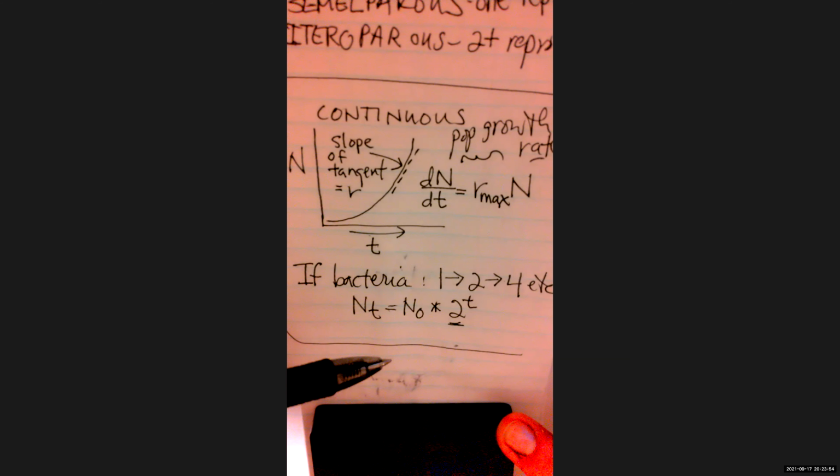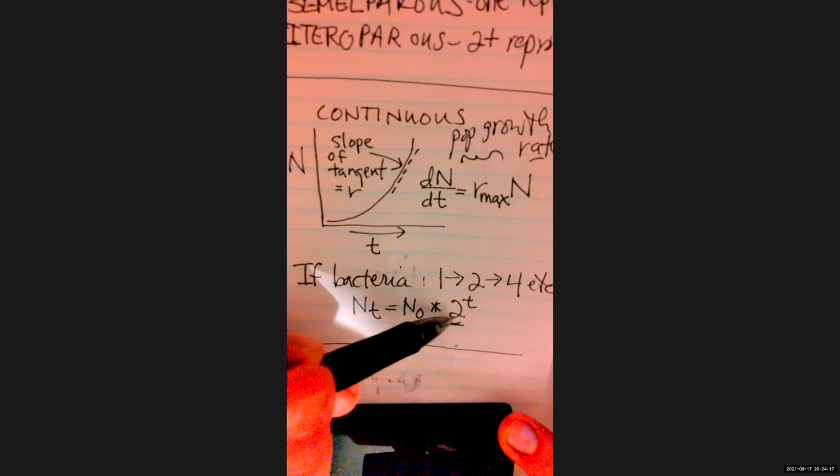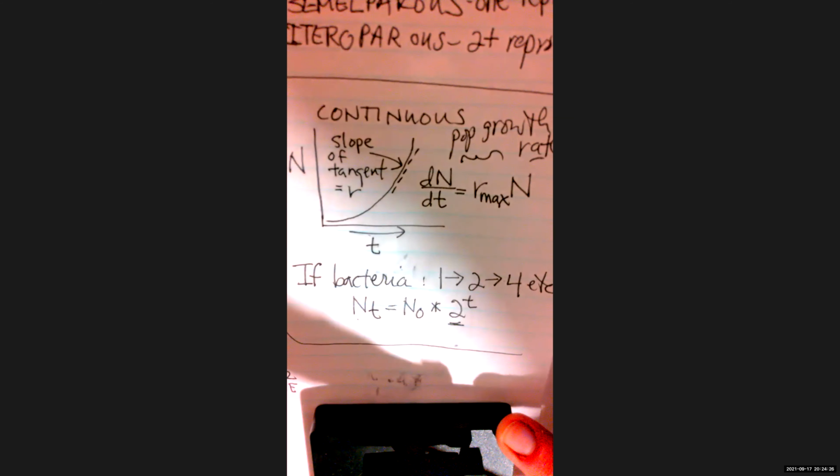We still have the 2 we started with. So this does not describe human population growth, but if we have a situation with bacteria, it describes it perfectly. We start with our starting population size, which could be 1, it could be any size we start with. They're going to double every time step, so we multiply the starting population size times 2 to the t exponent, and we'll get our population size at time t. Right, so the math here is pretty simple.